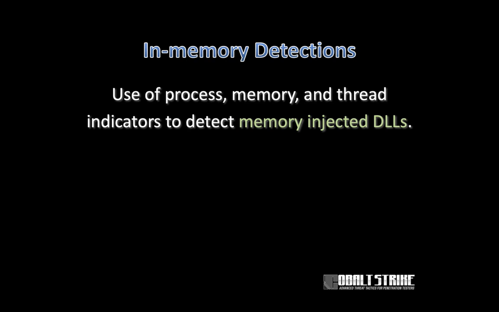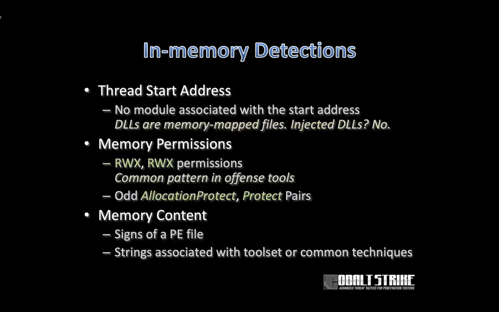In-memory detections are the use of process, memory, and thread indicators to detect memory-injected DLLs. Here are the common in-memory detection strategies. One strategy is to look for a thread start address that is not associated with a memory-mapped file. In most programs, any executable region of code is going to be a memory region that is also a memory-mapped file.